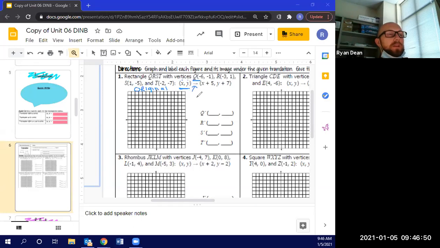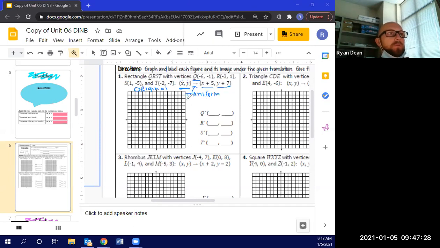This arrow right here means that you're transforming it somehow, and in this case, we're translating it. We're going to transform the original point this many units for the x, and this many units for the y. So for all these points, point Q, point R, point S, and point T, you're taking the x value and you're adding 5 to it.